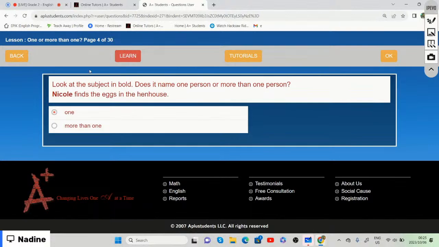So we can say this is one. Nicole finds the eggs in the hen house, and we said it is one.